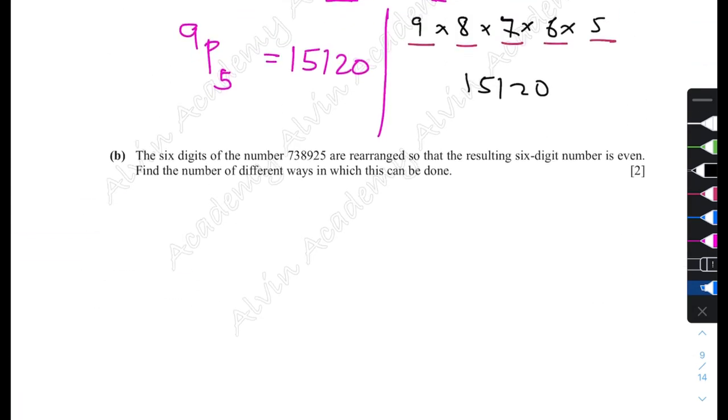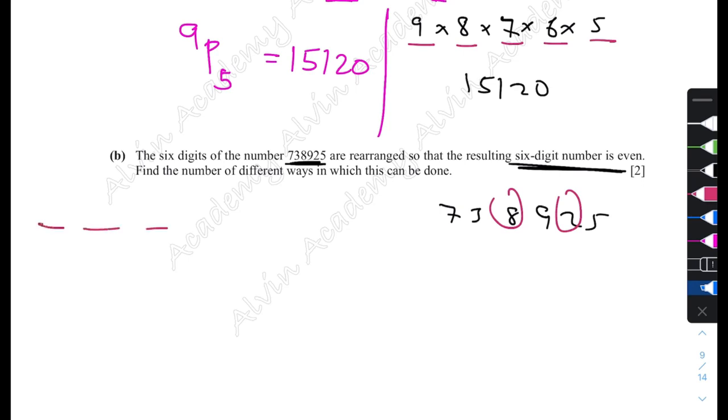All right, then the next question says the 6 digits of this particular number are arranged. So we have 7, 3, 8, 9, 2, 5. It's going to be arranged so that we get a 6-digit number that is even. If it's going to be even, then it should either end with 8 or end with 2. So let's do our 6 slots: 1, 2, 3, 4, 5, 6.